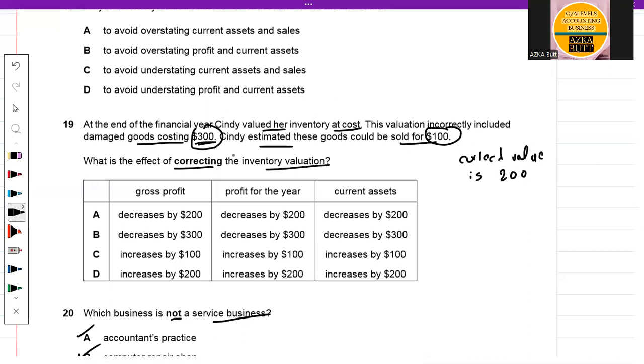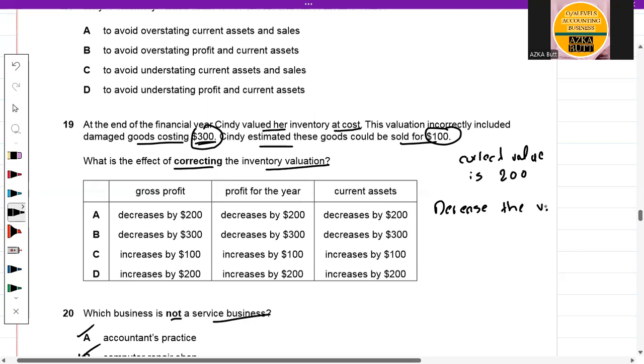So if we correct the inventory valuation, it means we decrease the value of inventory by $200.